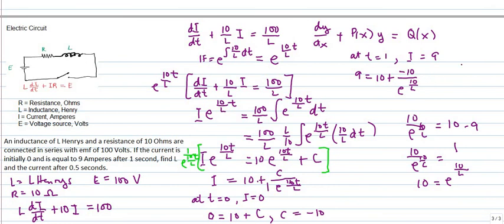So I will write now, when we do the transposition, this is equivalent to 10 equals e raised to 10 over L. I will now erase this part, allow me to erase it because of my limited space.